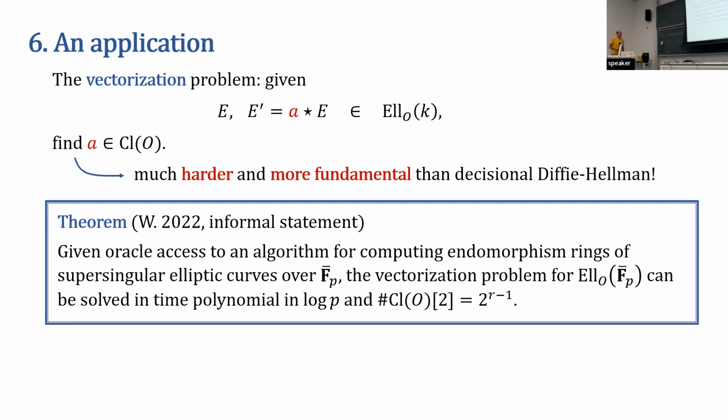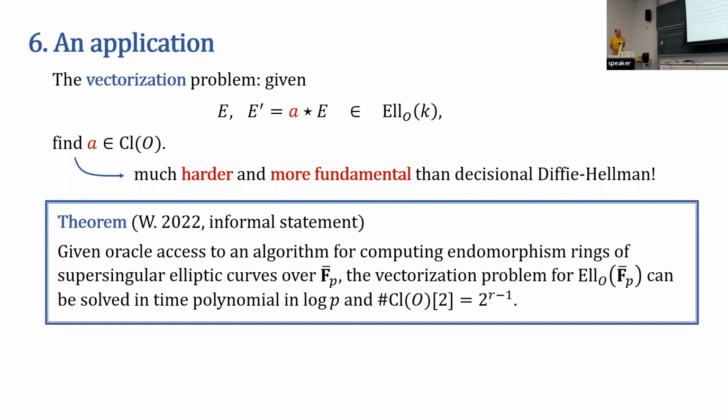And so, in isogeny-based crypto, the endomorphism ring computation problem is often considered the most fundamental problem, and people are often interested in relating the hardness of other problems to the hardness of this endomorphism ring computation. So this is a theorem from early this year by Wesolowski.